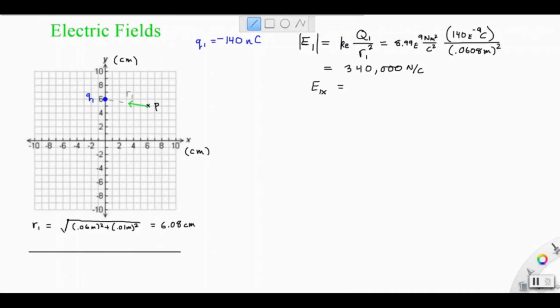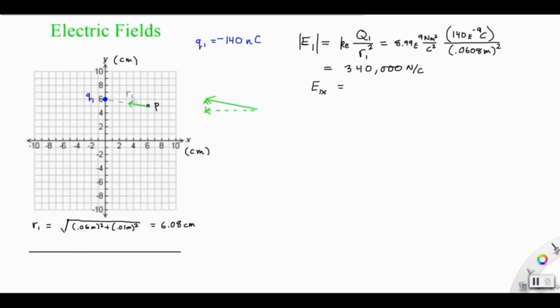I'm going to draw our triangle here off to the side. It looks something like this. Recall that we have an x component here and a y component, like so. We can see immediately that the x component is pointed to the left and the y component is pointed upward, which means that our x component is going to be negative valued and our y component will be positive valued.